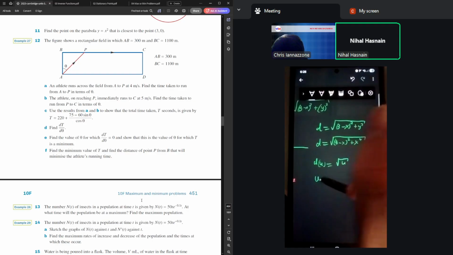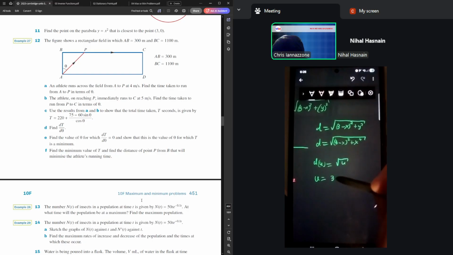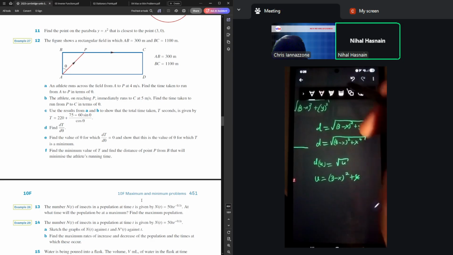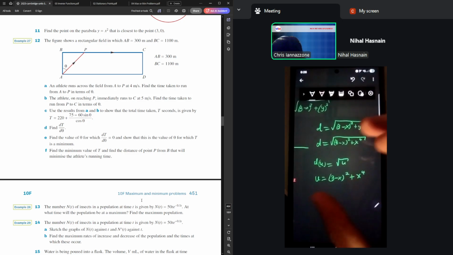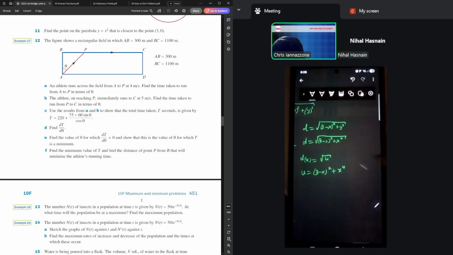So that's going to be square root of (3 minus x) squared plus x to the fourth. We're chain ruling it, nice. So 3 minus x.